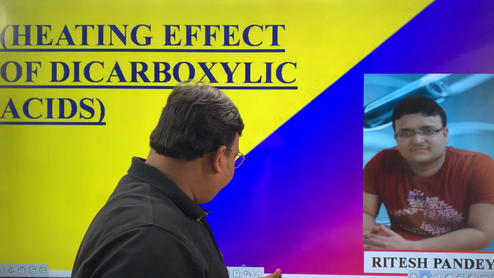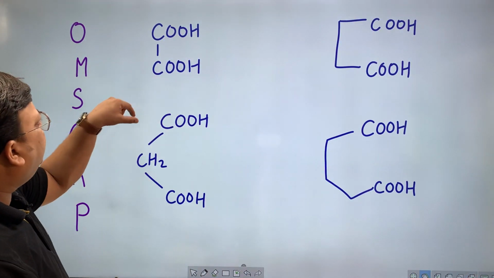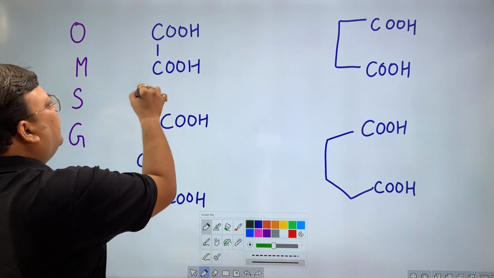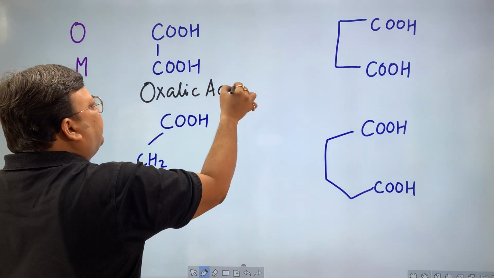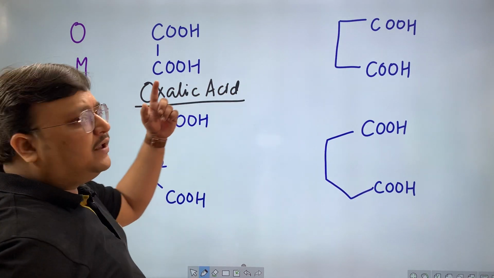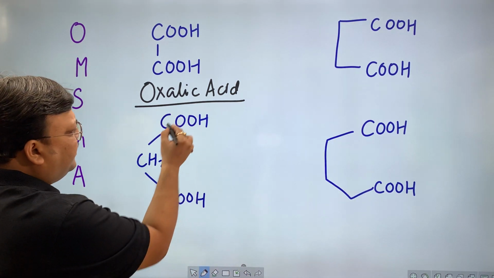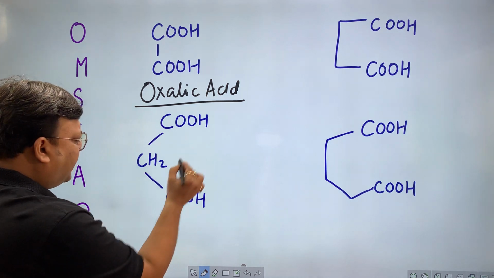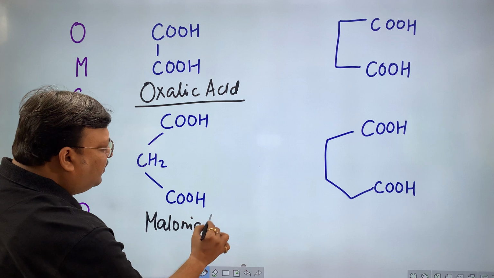Now naturally, the smallest one having only two carbon is called oxalic acid. I told you the common names are more popular, so it's oxalic acid, which is more common than the IUPAC nomenclature of ethane 1,2 dioic acid. 3 carbon, it could be called propane 1,3 dioic acid, but the common name malonic acid is more popular.